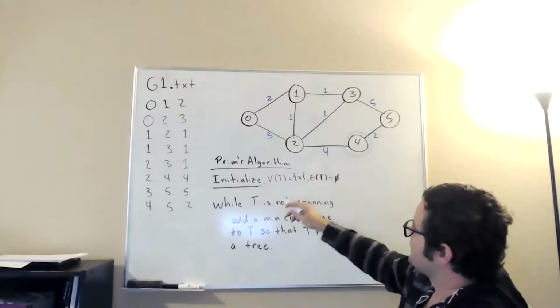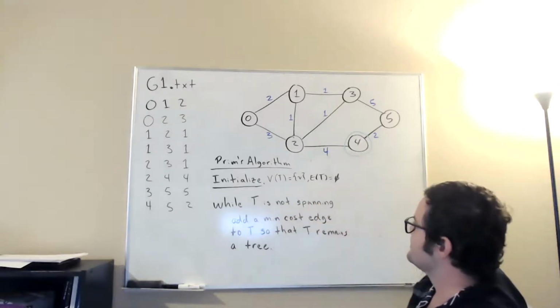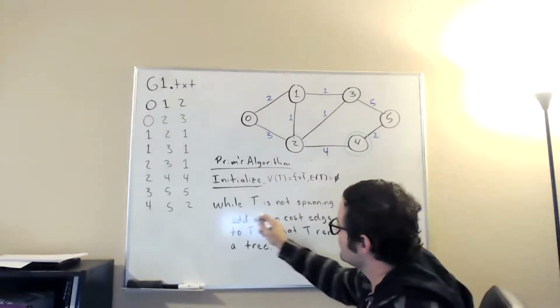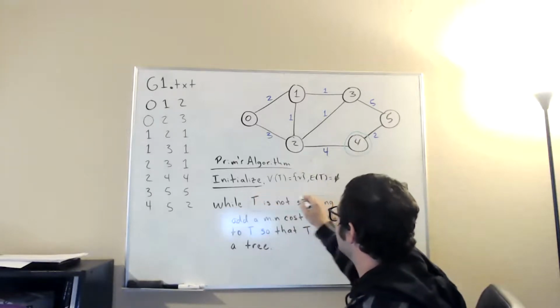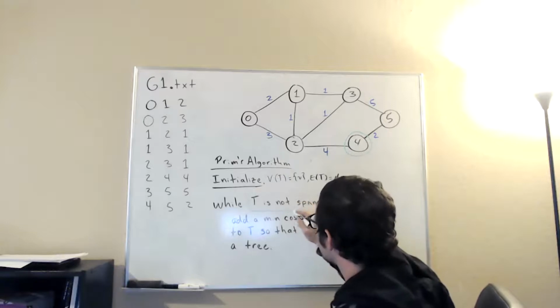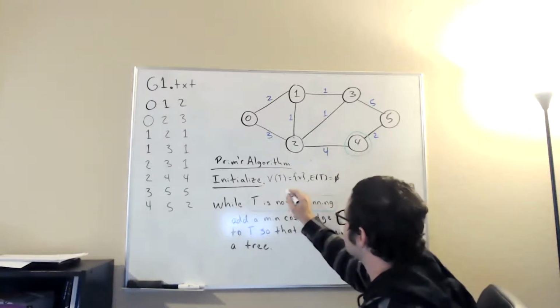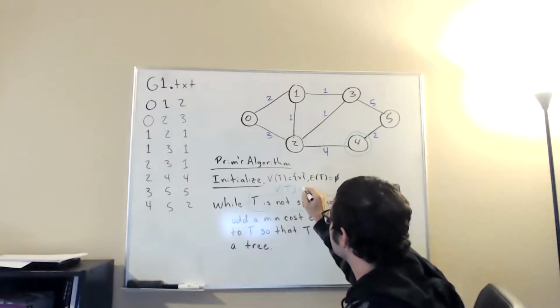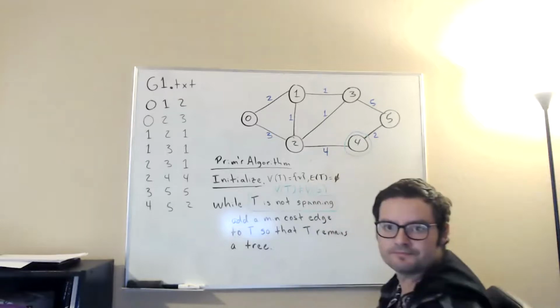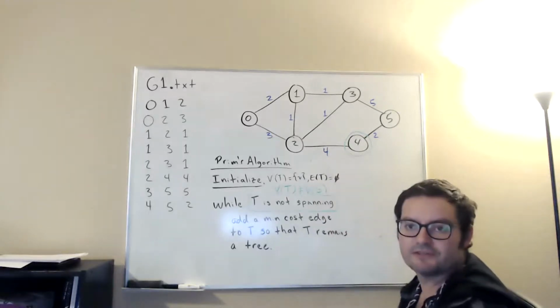Now we need to break down what these pieces mean. So while T is not spanning, what does this mean? Well, as I mentioned in my previous lectures, this means that the vertex set of the tree is not equal to the vertex set of the graph. That's what it means to not be spanning.